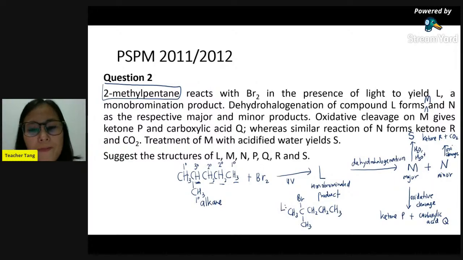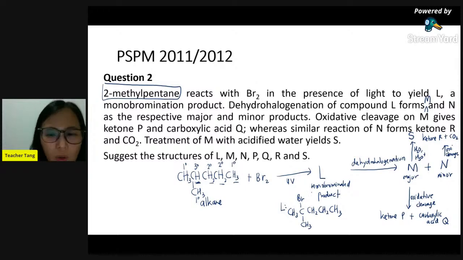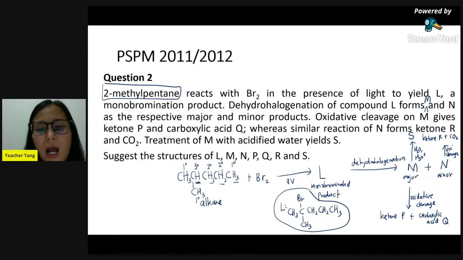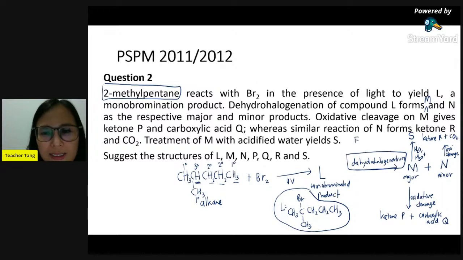And this is your haloalkane. So L is your haloalkane. So a haloalkane undergoes dehydrohalogenation. You have learned this, dehydrohalogenation is elimination.